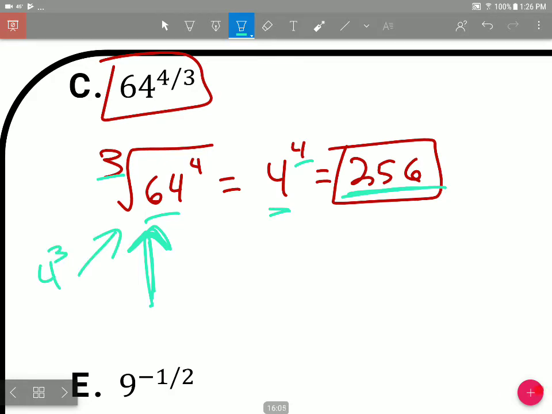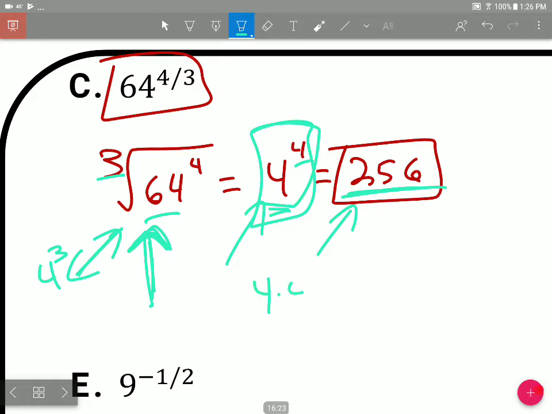So therefore, the 3rd root gets me back to the 4. Does that make sense? All right, so that's how we got to this line. And then 4 to the 4th, we didn't know that one, that was fine. That gets you to 256. 4 to the 4th power: 4 times 4 is 16 times 4 is, is it 256 or is it 512? Yes. It is 256, okay.